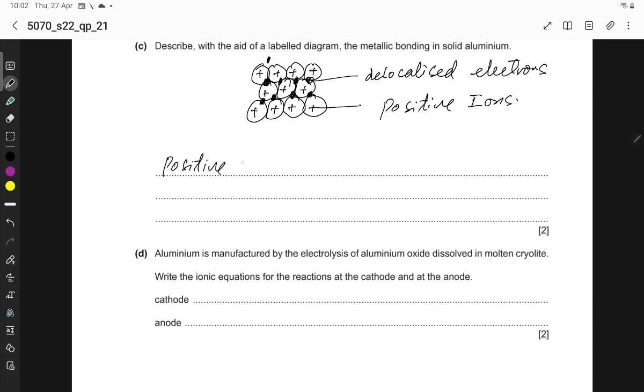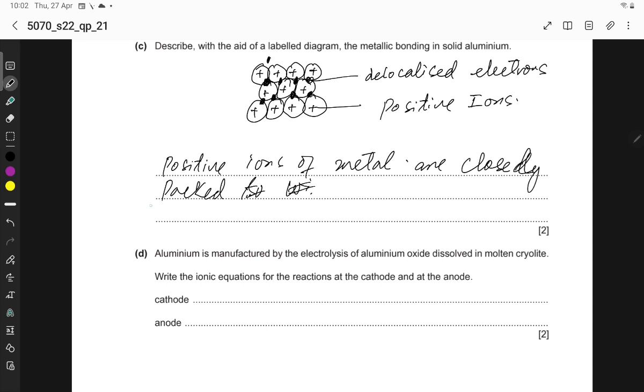Positive ions of metals are closely packed, held by delocalized electrons.